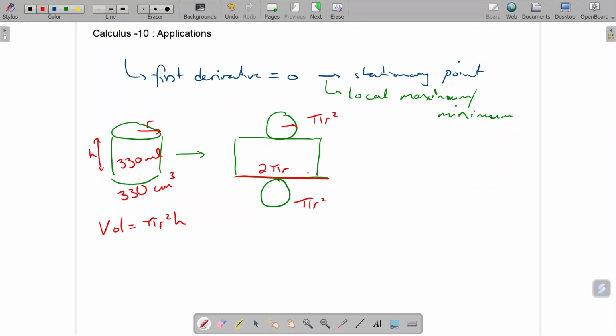It is the circumference of the circle, and the height of this rectangle is simply the height of the shape. And so I know that the total surface area is 2 pi r squared, the two circles joined together, plus 2 pi r times h.